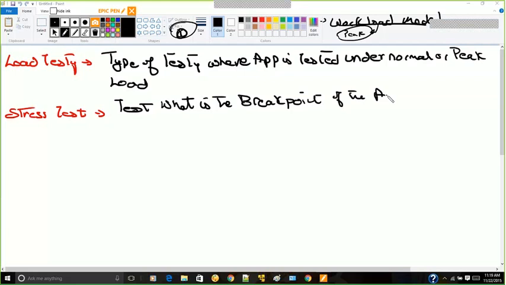What do you mean by the break point? For example, peak load is always considered as 1x, one time the average load on the system.